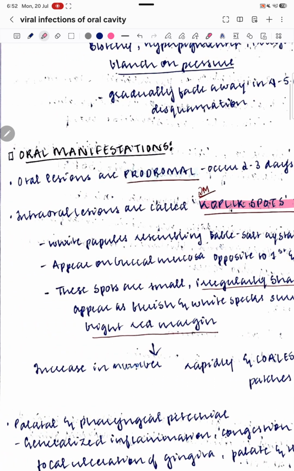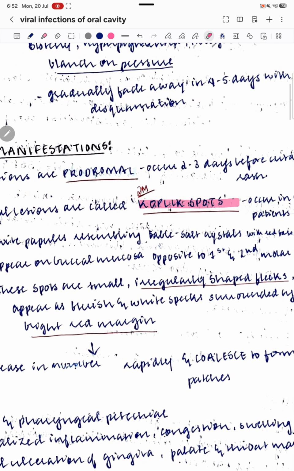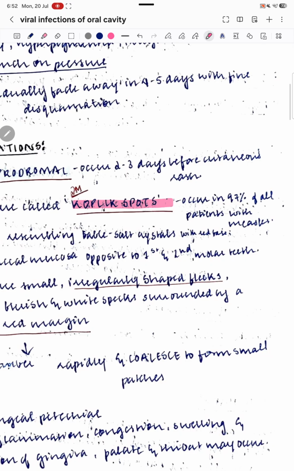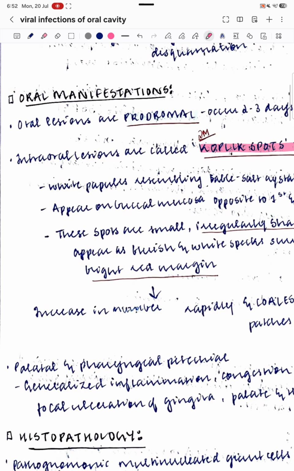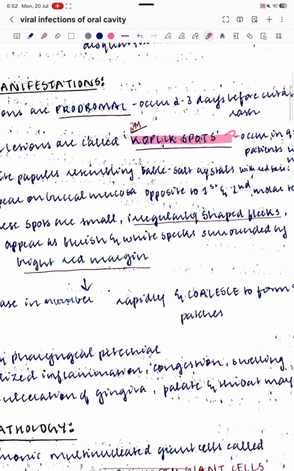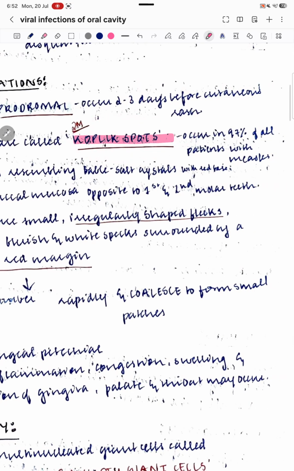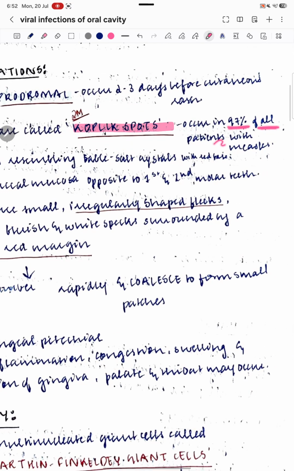The intraoral lesions, which are called Koplik spots, occur in 97% of all patients with measles. So Koplik spots are nothing but intraoral lesions which occur in 97% of all patients suffering with measles.